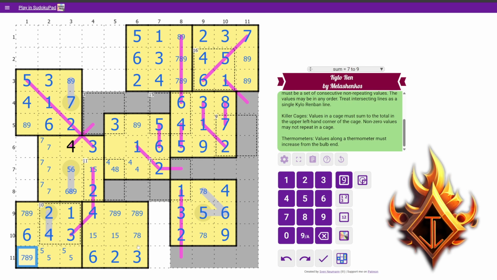Of course. Okay. So is this a 5, 6? Could be. It still has some freedom. What about this middle box now? It needs a 4, 7, 8, 9.